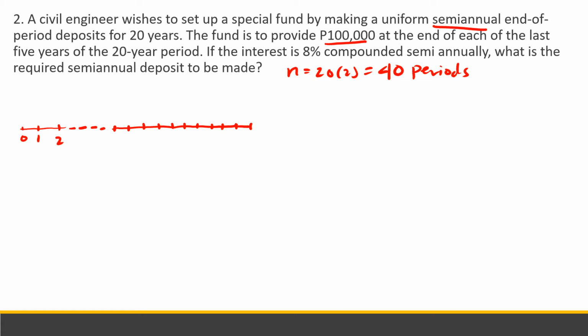So this is 30, 31, 32, 33, 34, 35, 36, 38, 39, 40. So for these 40 periods, at the end of each period, magde-deposit siya ng equal amounts.